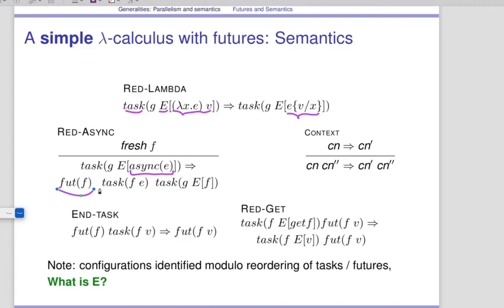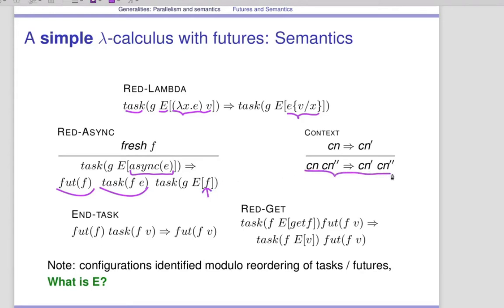Then I want to create a task that is supposed to fulfill this future, so that's the syntax for this. And now the task for g just has done the asynchronous creation. You just record here that f is the name of the created future, so I can refer to it inside the task that spawned the asynchronous task.